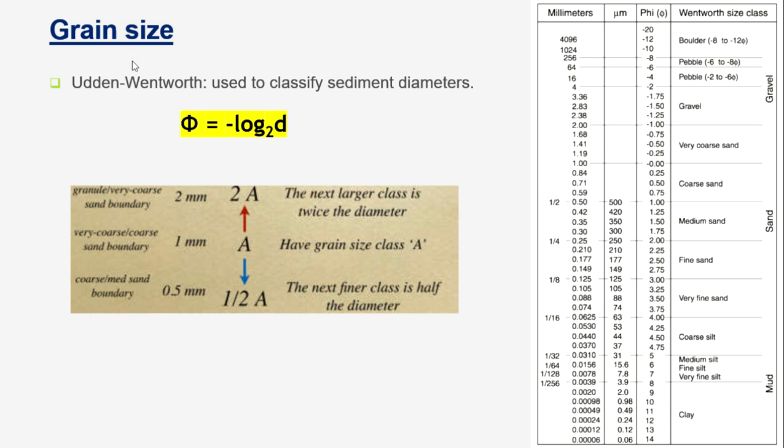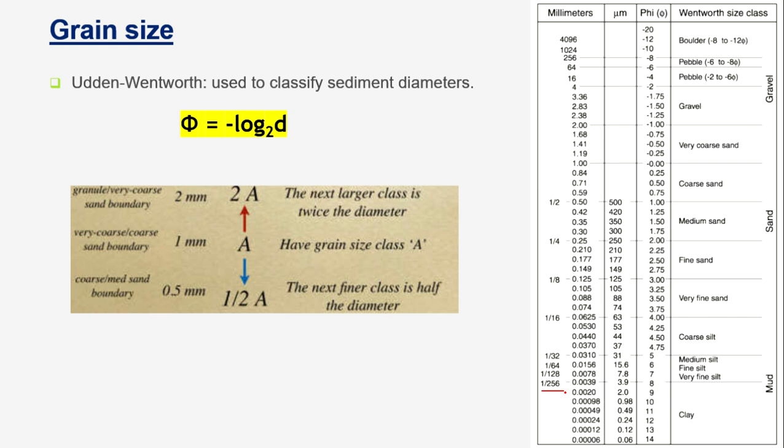Generally, the most universally used scale by the sedimentologists to understand the grain size is the Udden-Wentworth scale. In the Udden-Wentworth scale, certain values are used, for example, the value of 1 by 256.